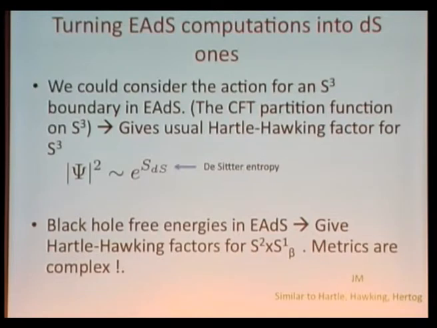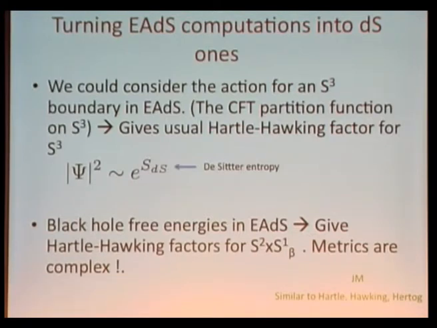And the solutions in this case are, of course, the usual anti-de Sitter black holes that have this boundary. If we do this transformation, we get some metrics which are complex, but these are the metrics that we can use in the Hartle-Hawking spirit to calculate the wave function of the universe for these shapes.